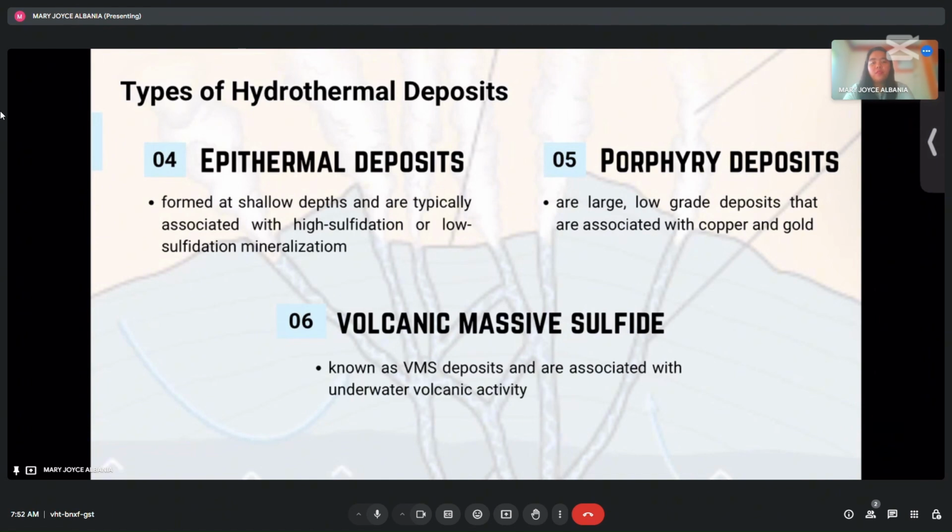So lastly, for the types, we have volcanic massive sulfide deposits. The VMS are associated with underwater volcanic activity, and they form when hot, metal-rich hydrothermal fluid mixes with cold seawater and precipitates metal sulfides.